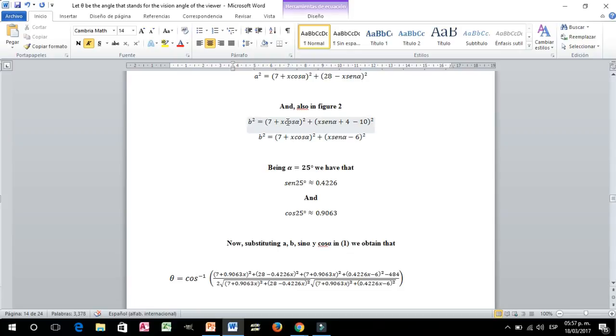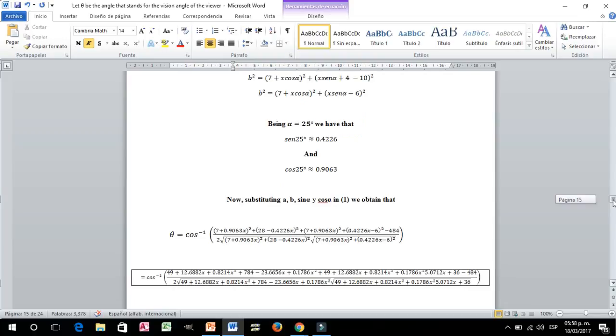And we also obtained that b squared is equal to all that, and with alpha equal to 25 degrees, we have that sine of 25 degrees equals 0.4226, and cosine of 25 degrees approximates to 0.9063.